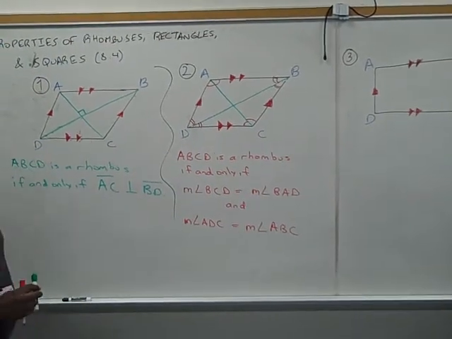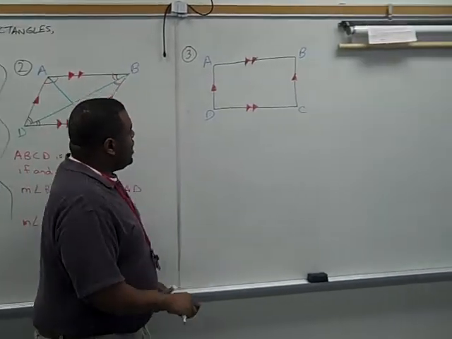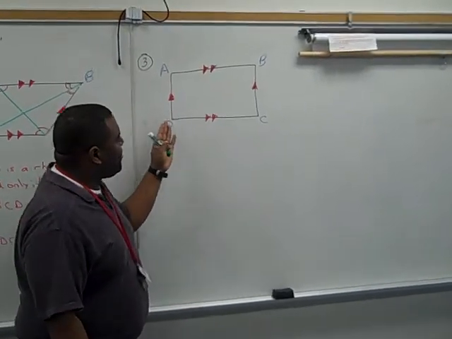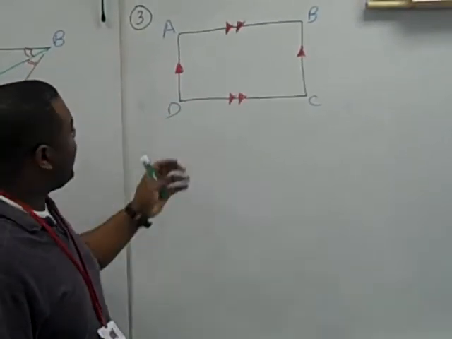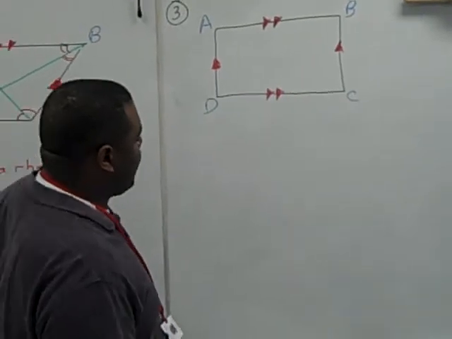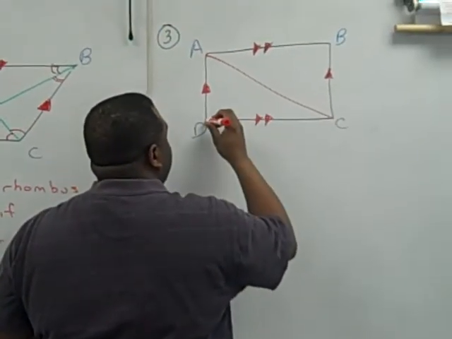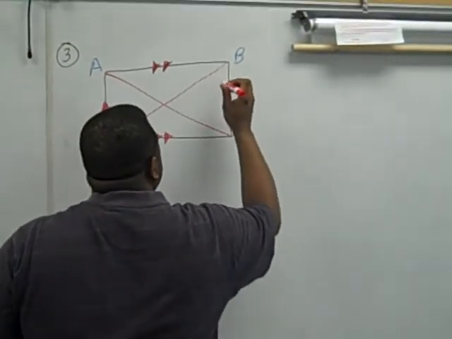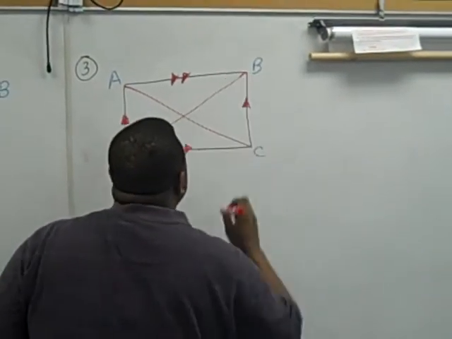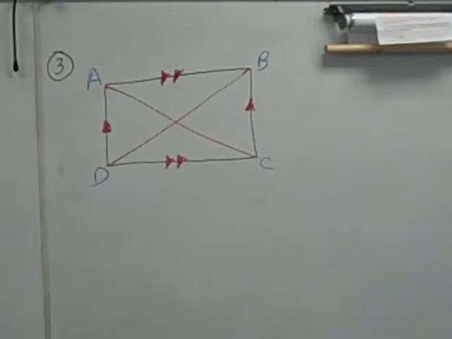Let's go to the third picture. Now here, this appears to be a rectangle. So once again, I'm going to draw the diagonals going from A to C and B to D. Now, here's what's happening here.